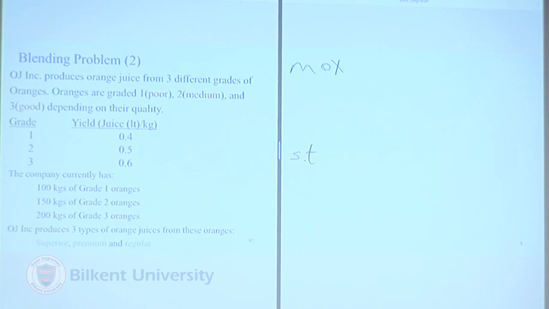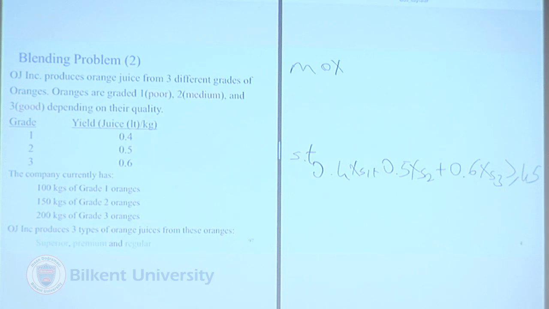Okay, let me walk you through it. Let me write it and then we're going to discuss. So you tell me take 0.4 times xs1 plus 0.5 times xs2 plus 0.6 times xs3 is at least 45.